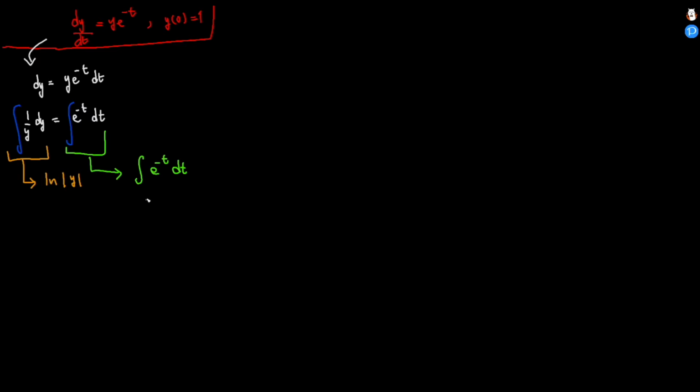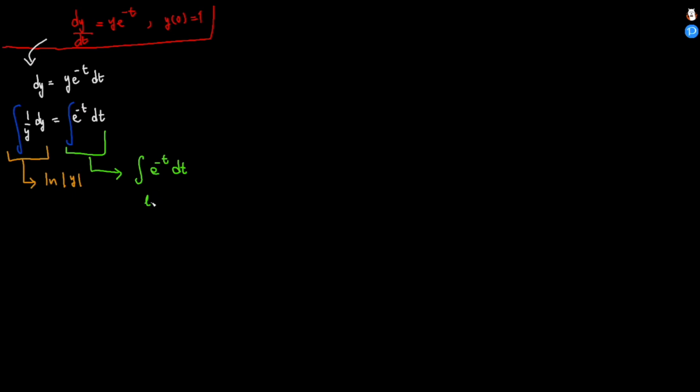That seems promising, because if we differentiate the exponent, we get a constant with respect to t, and there's no other t outside, so it looks like we can substitute.